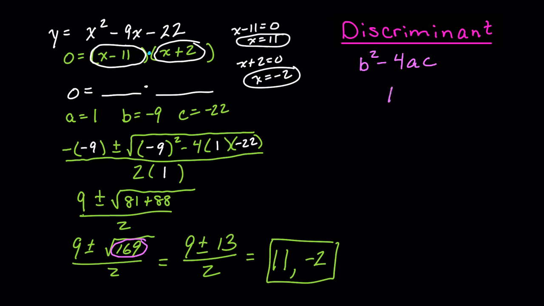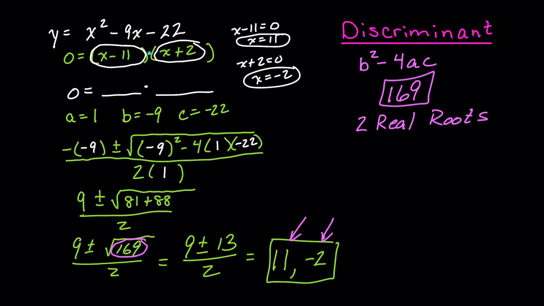So 169 was our discriminant. Now if you go back to the rules, because 169 is a positive number, that means we ended up with two real roots. And our real roots were positive 11 and negative 2.